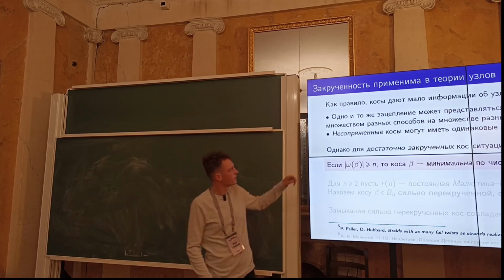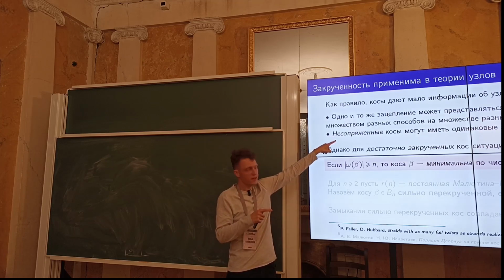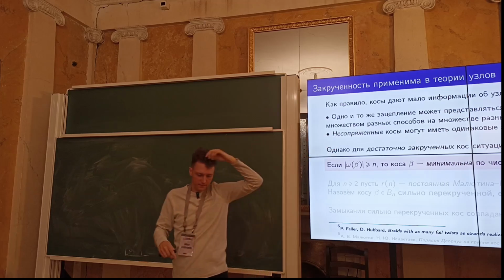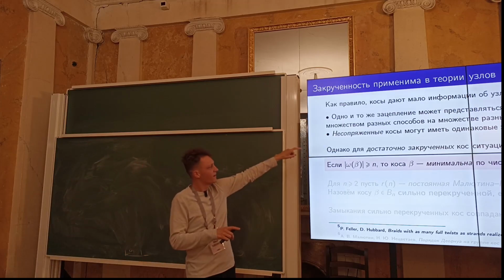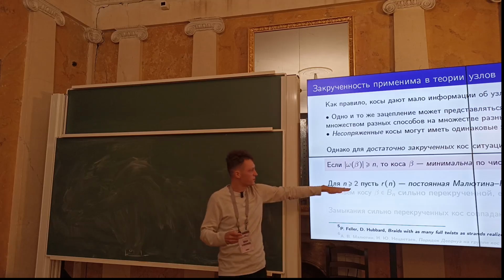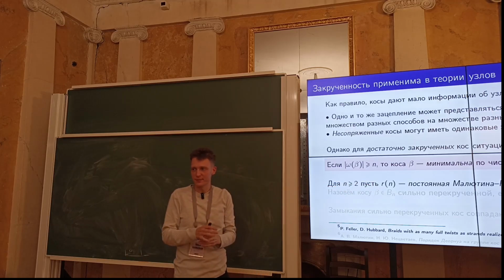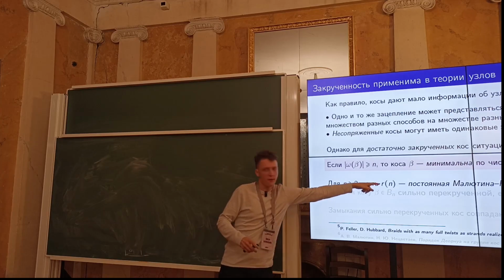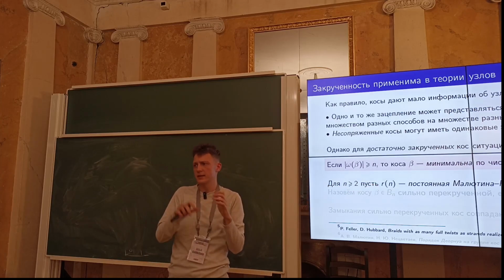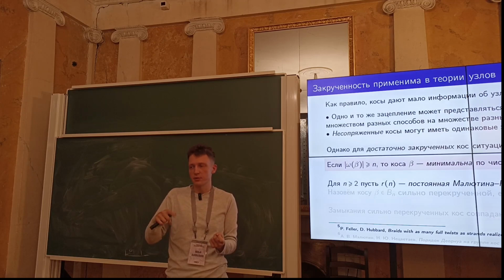And then I'll show you the result that states that for sufficiently twisted braids, this anomaly also does not show up. For this, I will introduce a constant that depends on the number of strands. I will not give you the precise estimate of this constant. In fact, it is unknown, but it is R of n. It is at least n, and I conjecture that there is a polynomial bound on R of n in terms of n.